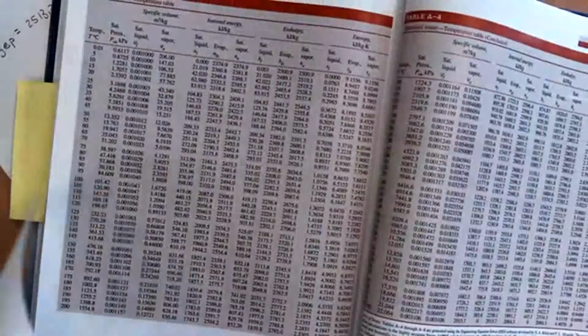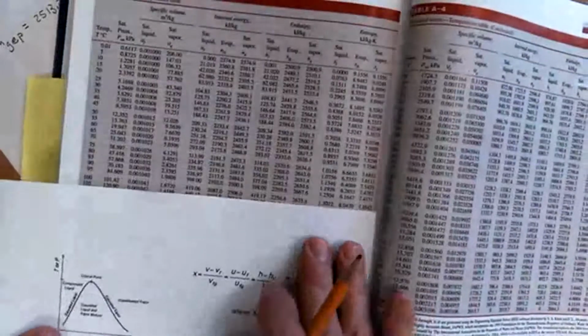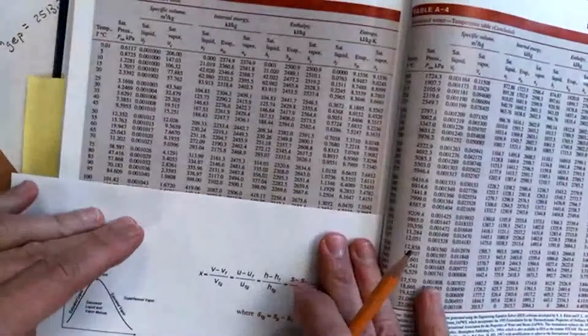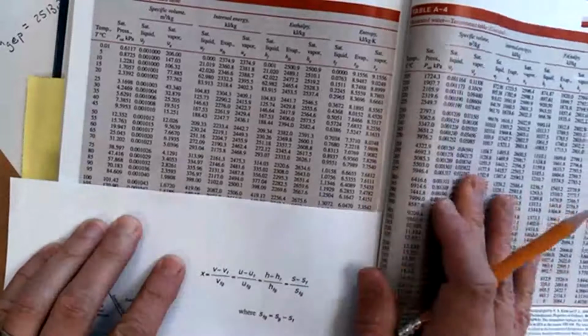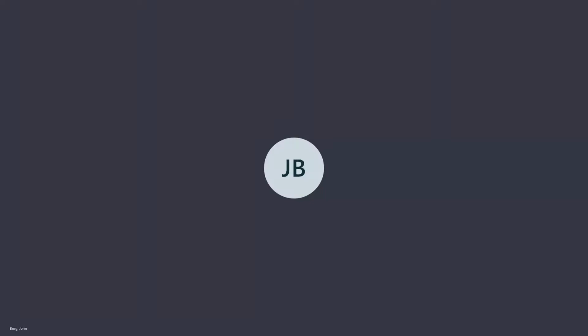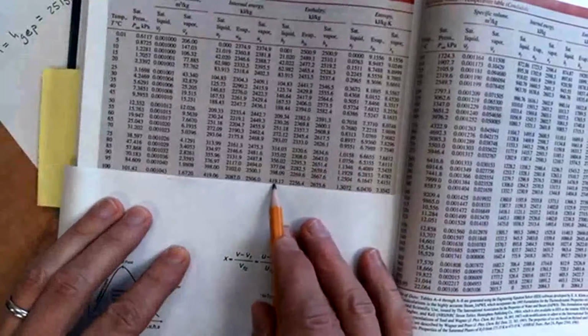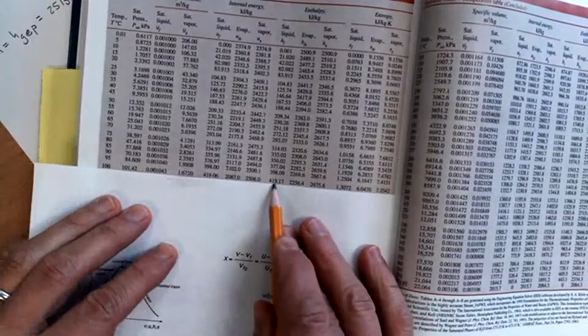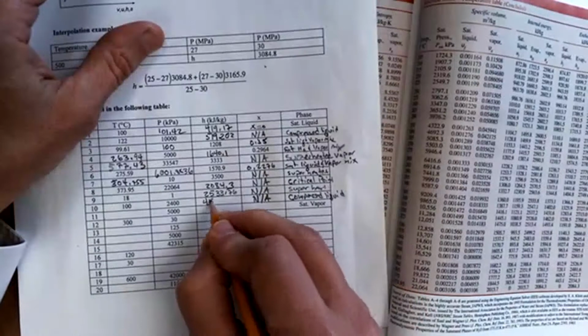So if I go back to the steam tables, and I'm going to go to the temperature portion, not the pressure. That's what this at T means. Here's 100 degrees Celsius. And if I read across, I see that h_f is 419.17. So that would be my estimate, 419.17. That's one estimate.